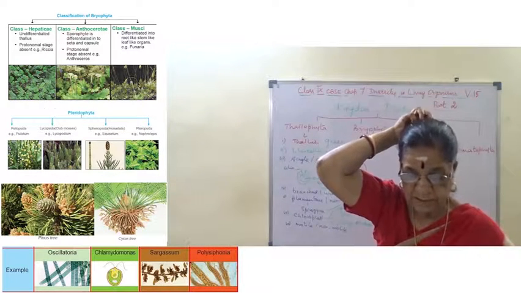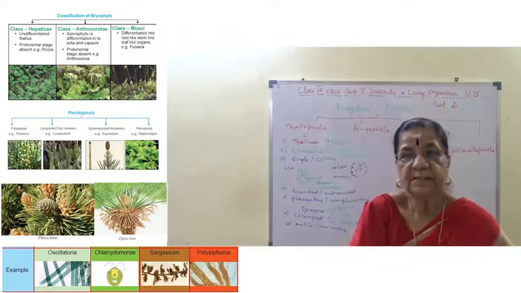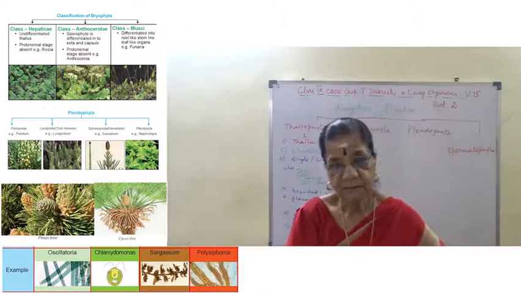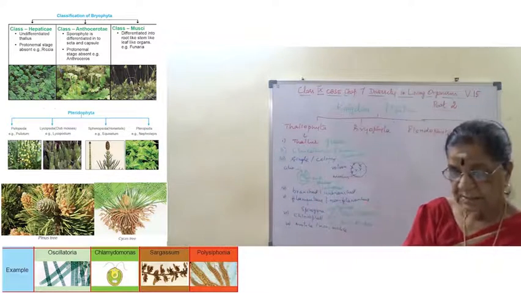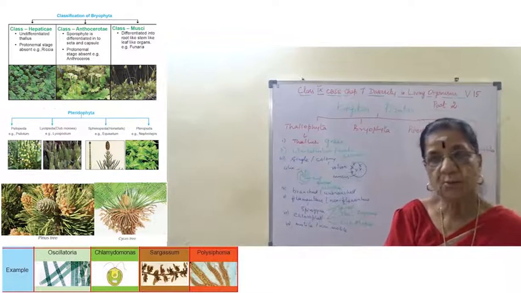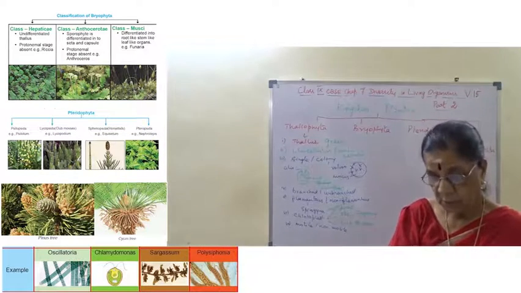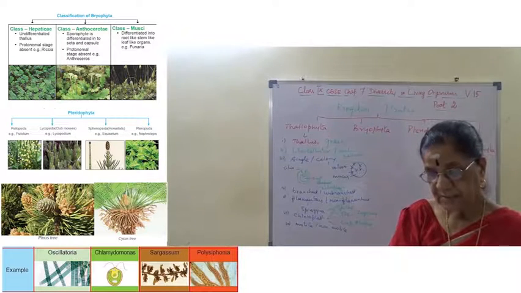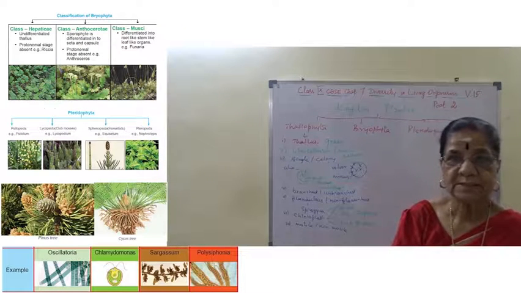Based on that, these algae are classified into different subclasses: Chlorophyceae, Phaeophyceae and Rhodophyceae. I repeat, Chlorophyceae, Phaeophyceae and Rhodophyceae.